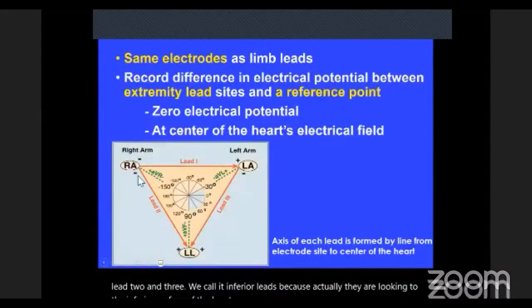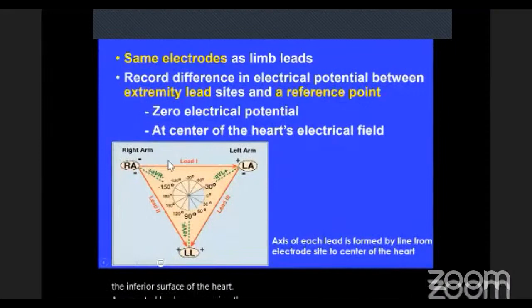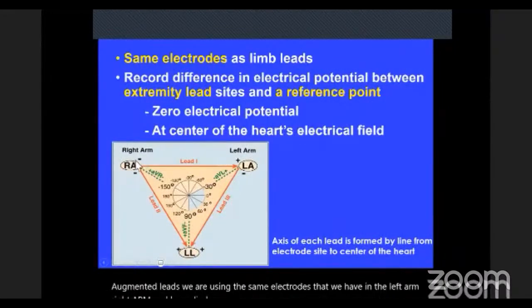For the augmented leads, we are using the same electrodes that we have on the left arm, right arm, and lower limb, but we record from one electrode and calculate the other potential as a reference point, a zero point or electrical point at the center of the heart. It is calculated by the machine. So we are using the same electrode on the right arm with another point in the center of the heart calculated by the machine.